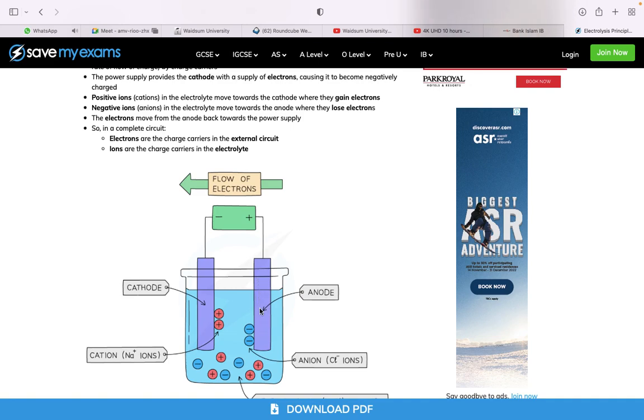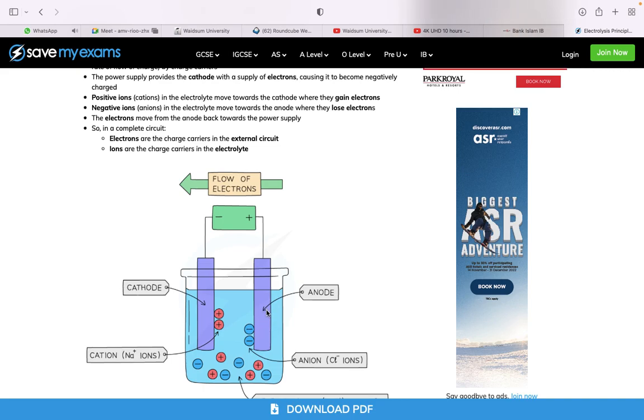This anode is positive because charge is flowing into it from the battery. So negative will always lose to the positive. These anions will lose their electrons to the positive anode.